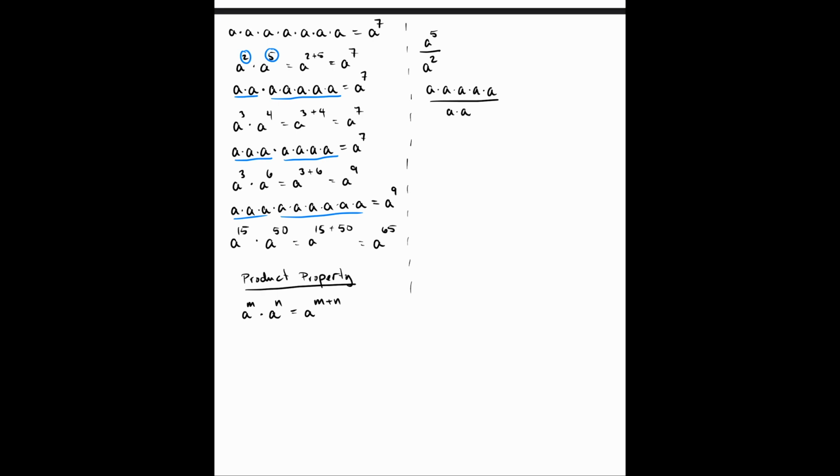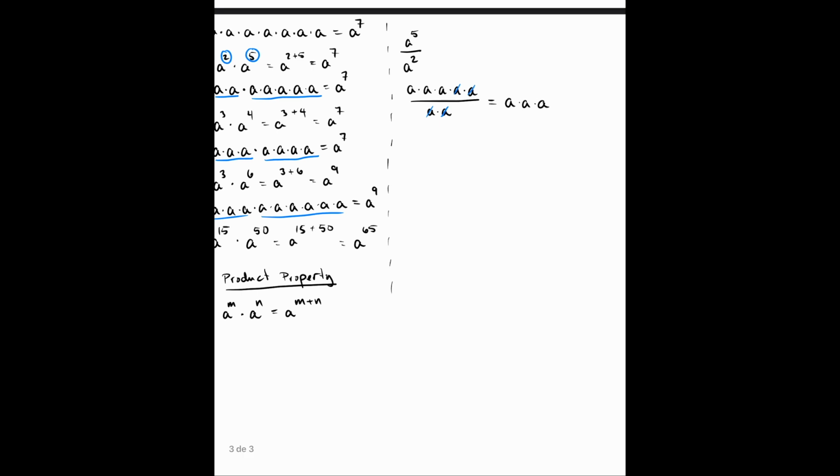Okay, great. Well, what happens here? Hopefully we remember how to work with fractions and how to simplify by common factors between the numerator and the denominator. And here we would hopefully remember that we could simplify or cancel out 2 a's.